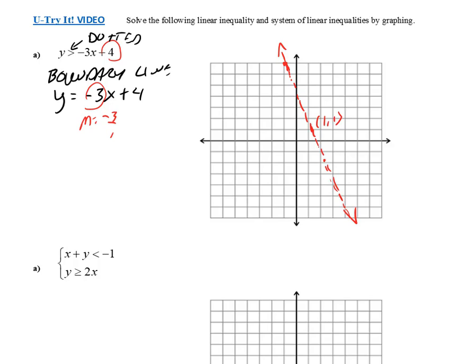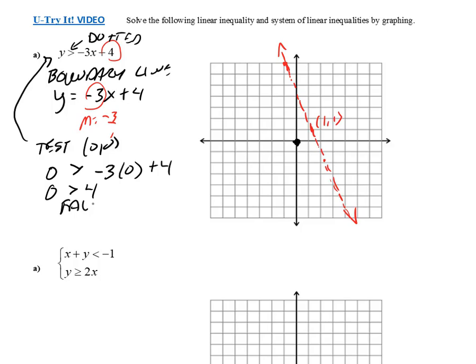All right, once we have the boundary line, we want to actually test a point and see which side the inequality falls on. So if we test the point (0, 0), which is on the left side of the boundary line, back into our original inequality, y is 0, so that's supposed to be greater than negative 3 times 0 plus 4. We get a statement, 0 is greater than 4, which is false.